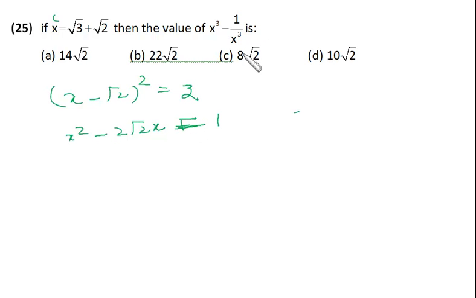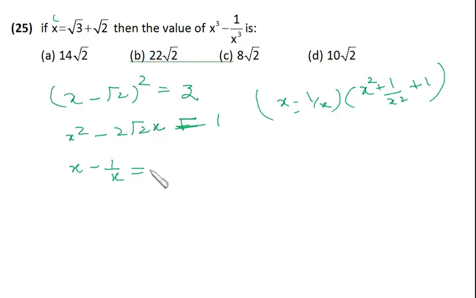Now, x minus 1 upon x cube, we have done so many sums on this pattern. We want x minus 1 upon x and x square plus 1 upon x square. Factorization of this is this. Now how do I get x minus 1 upon x? Divide the entire expression by x. So if I take this one to this side and divide the entire expression by x, I'll be getting x minus 1 upon x as 2 root 2.